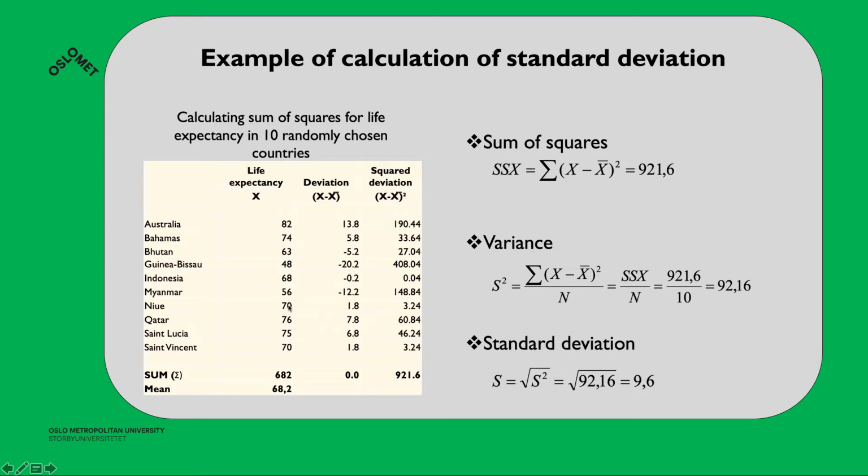And you have 56 and 70 years and so on. So it's quite a lot of variation. And I would say that 9.6 years around the mean of 68.2, okay, there's a lot of variation in this data. That's the first thing the standard deviation tells me.